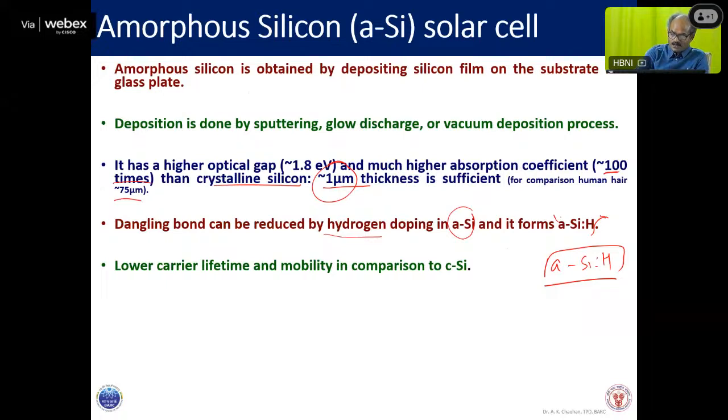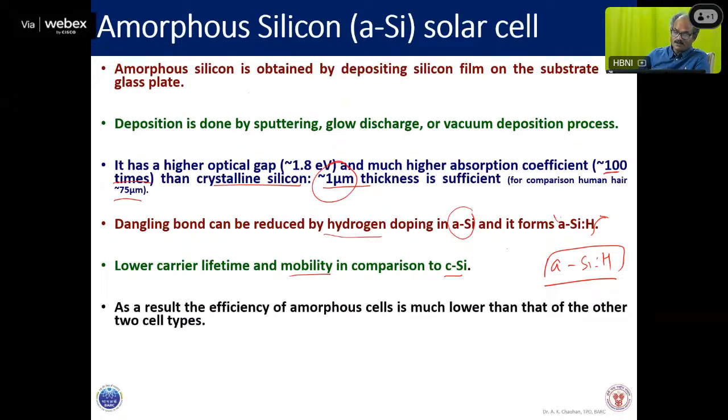It has lower carrier lifetime and mobility compared to crystalline silicon. This is a disadvantage. Low mobility is a disadvantage, but lower carrier lifetime is also a disadvantage, because in a short period of time the carriers will recombine.